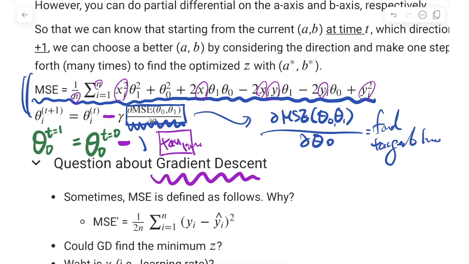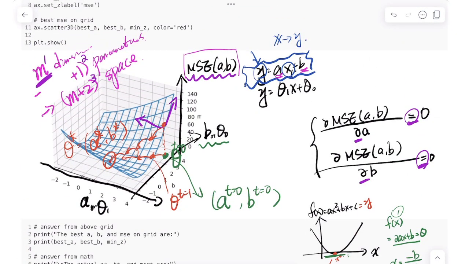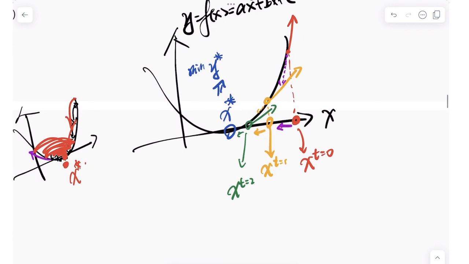Okay, so the gamma right here is sometimes called the learning rate. If you take a look at the red tangent line, that is the red tangent line.